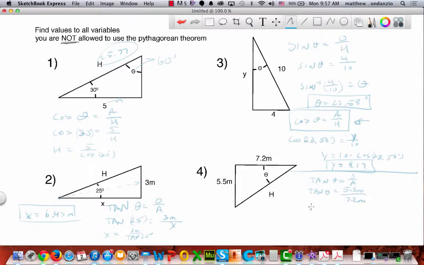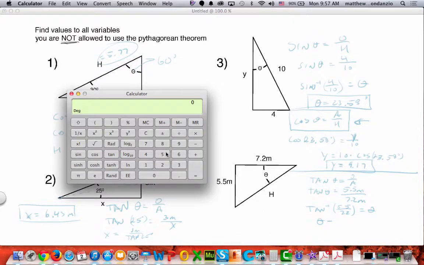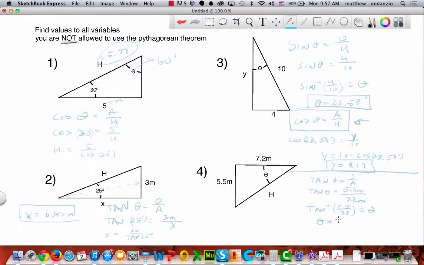So that means the inverse tangent of 5.5, now my meters will cancel, over 7.2 equals theta. So theta equals, let's do this again: 5.5 divided by 7.2, and then the inverse tangent. That gives us 37.38 degrees.